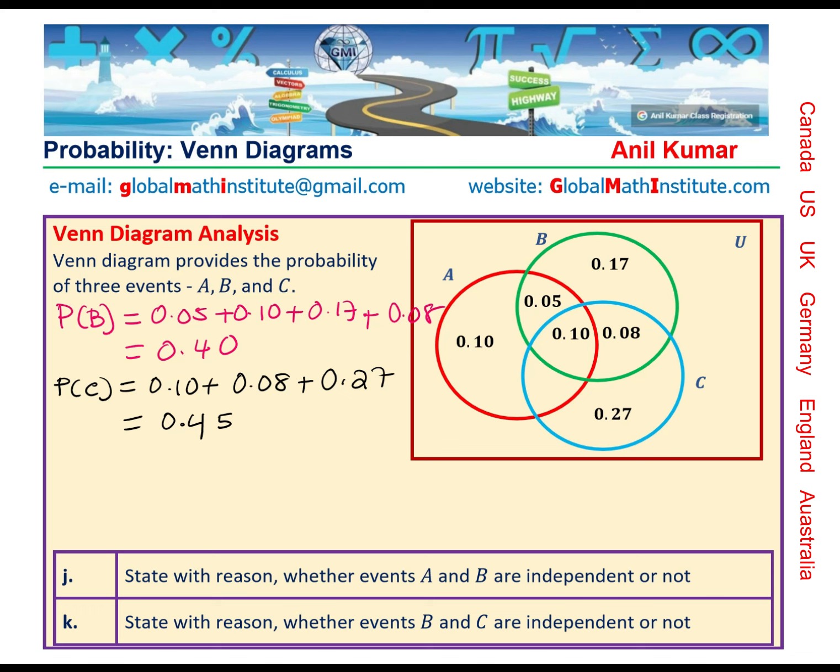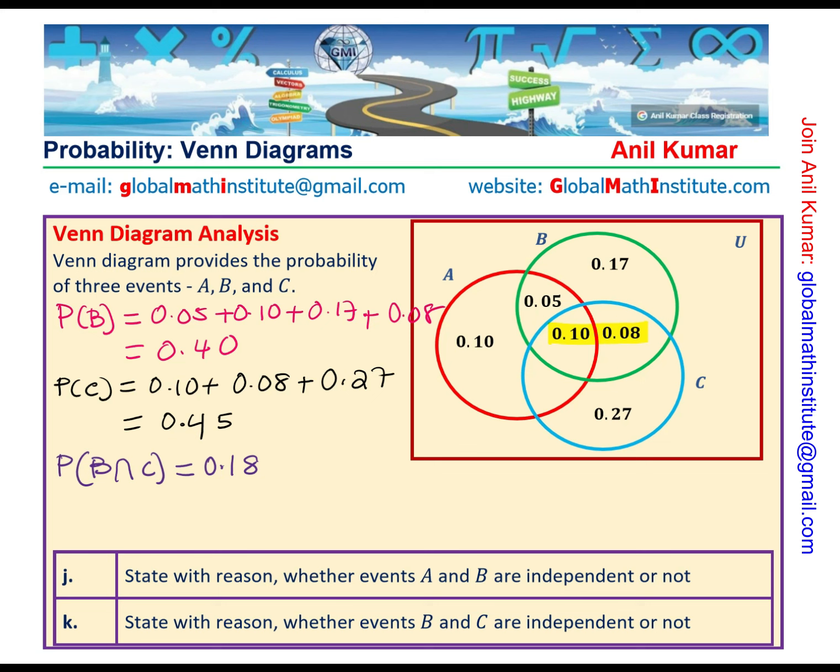Now, from the Venn diagram, you can see that probability of B intersection C is what? Well, probability of B intersection C is this, right? So we can write this as 0.10 plus 0.08, which is 0.18.